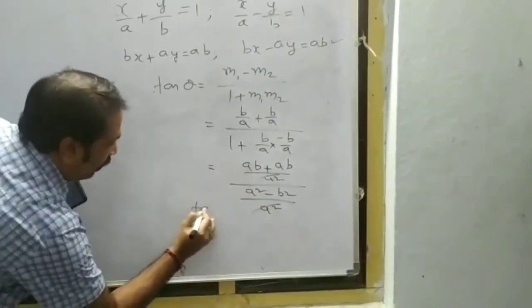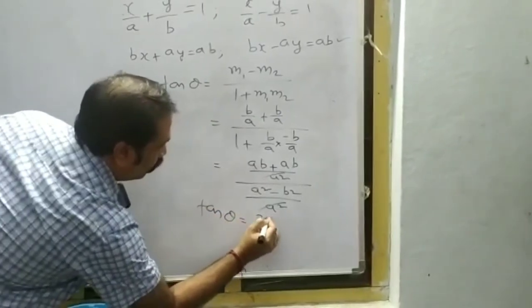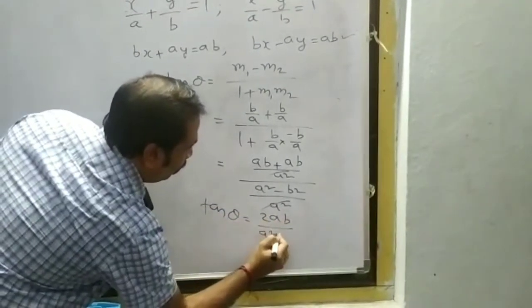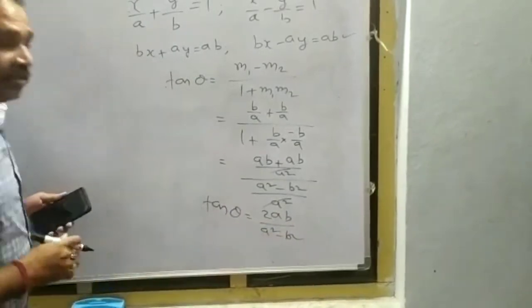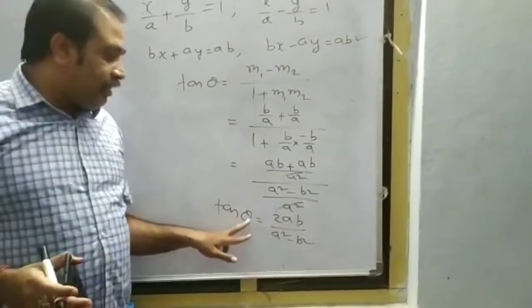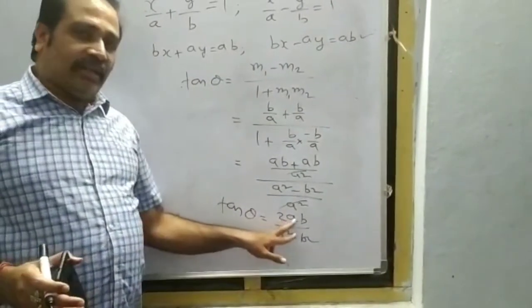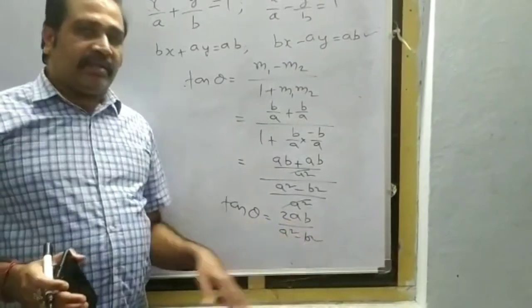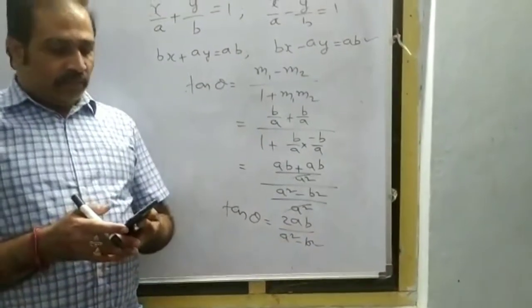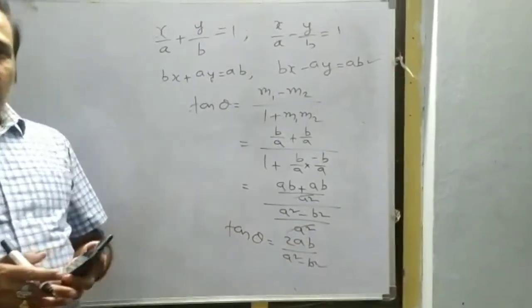Tan theta value is 2ab by a square minus b square. The angle is what you are finding, right? Then theta is equal to tan inverse of 2ab by a square minus b square. So it is our sum. Completed.